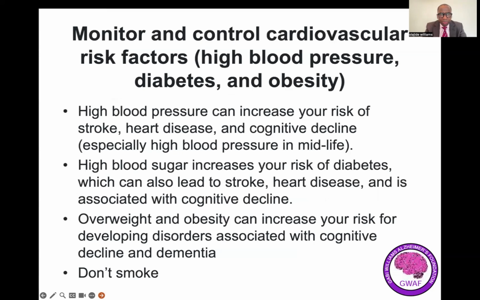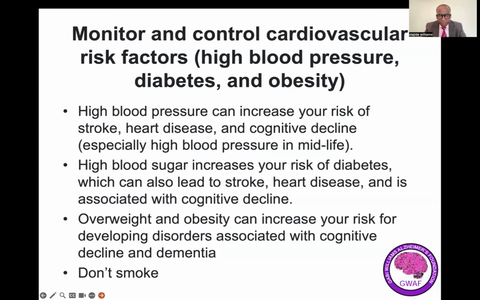The next one is to monitor and control cardiovascular risk factors, things like high blood pressure, diabetes, and obesity. We know that high blood pressure can increase your risk of stroke and heart disease, but it can also increase your risk for cognitive decline, for dementia, especially when you have high blood pressure in your midlife.